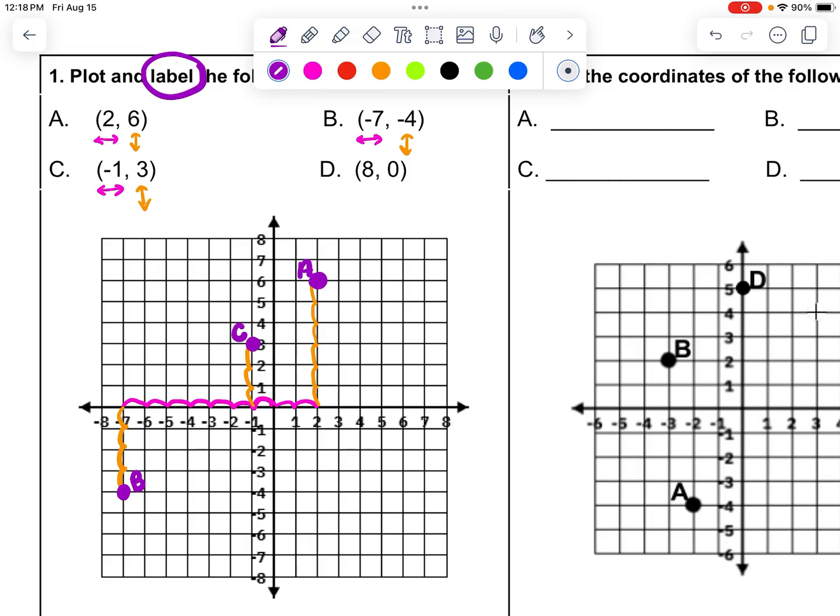I'm going to label that one point C. And finally, point D, I'm going to go right or left 8 spaces and up or down 0 spaces. So I'm going to go right 8 spaces, 1, 2, 3, 4, 5, 6, 7, 8. And then 0 means don't go up or down at all, just stay there. So that's point D.